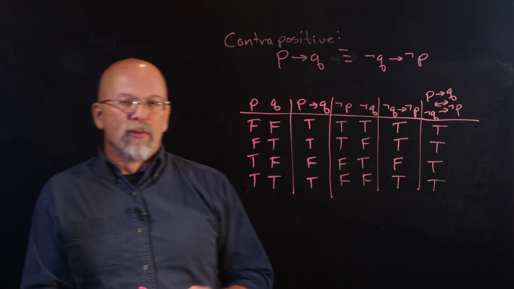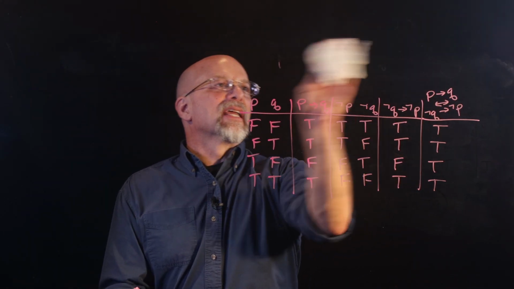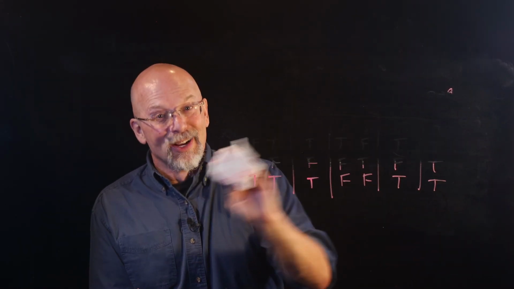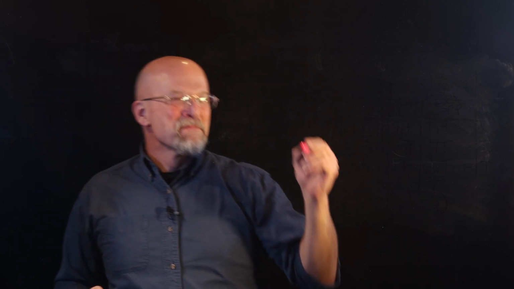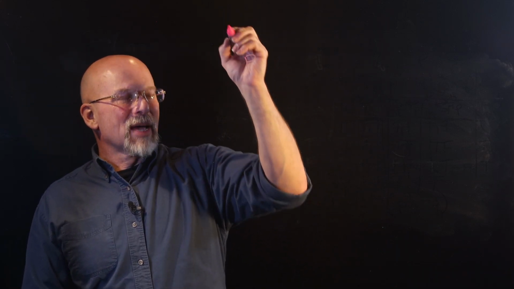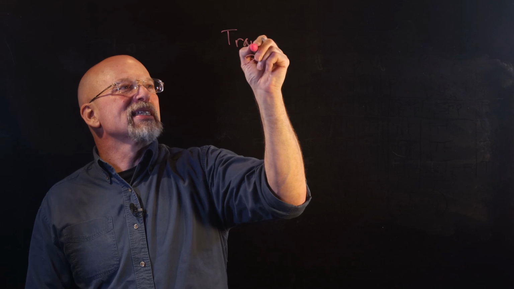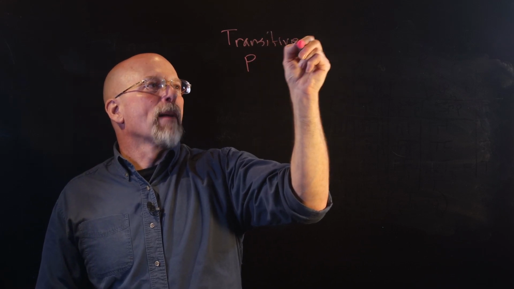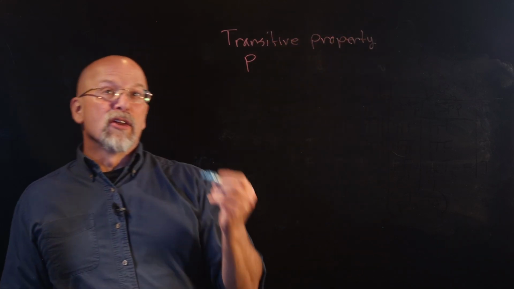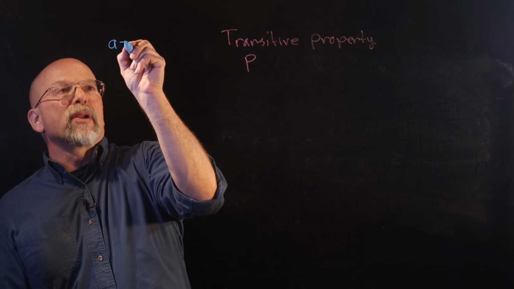Let's do one more proof, and this is not necessarily going to use the implies. You're probably pretty happy to hear that, right? But it is going to use the implies. Sorry. What I'm going to do is talk about the transitive property. Now, you've probably seen the transitive property in math.